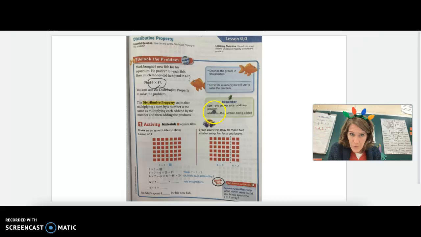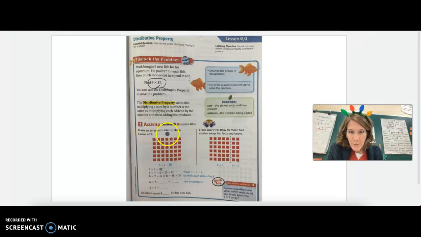Okay? Remember that the sum is the answer to an addition problem and add-ins are the numbers being added. Okay? So that's a good thing to vocabulary, but we know that. We've been practicing that all year long. Just like when we say factors, we have 2 factors in a multiplication problem, and that answer when you multiply is called the product.